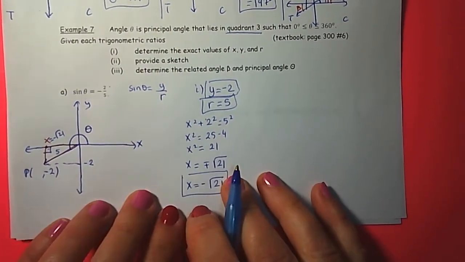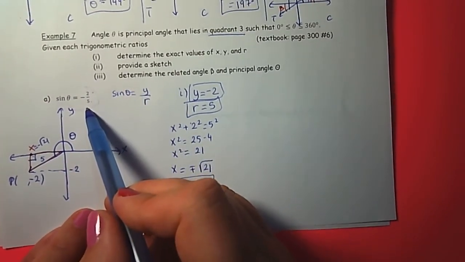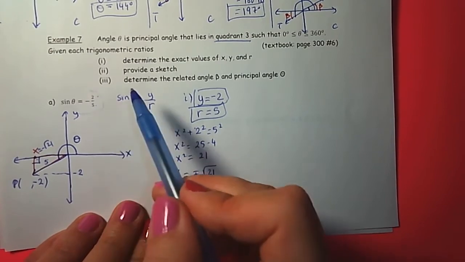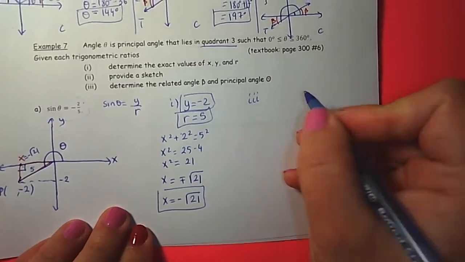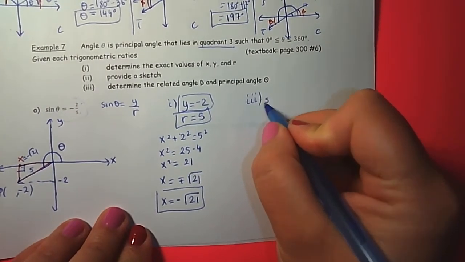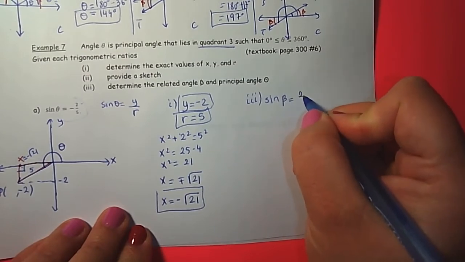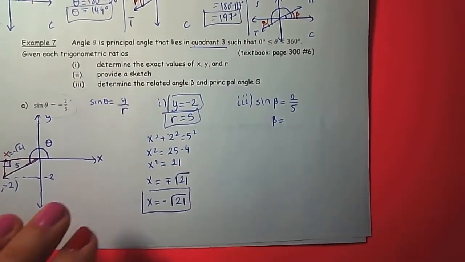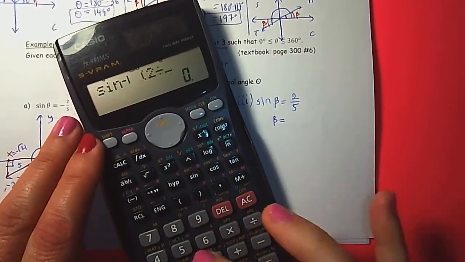So we can use this given ratio, but again, we never directly do sine inverse of this -2/5. We always write the ratio of the related acute angle first. So we can say sine beta equals positive 2/5. And then we do the inverse now, sine inverse 2/5.